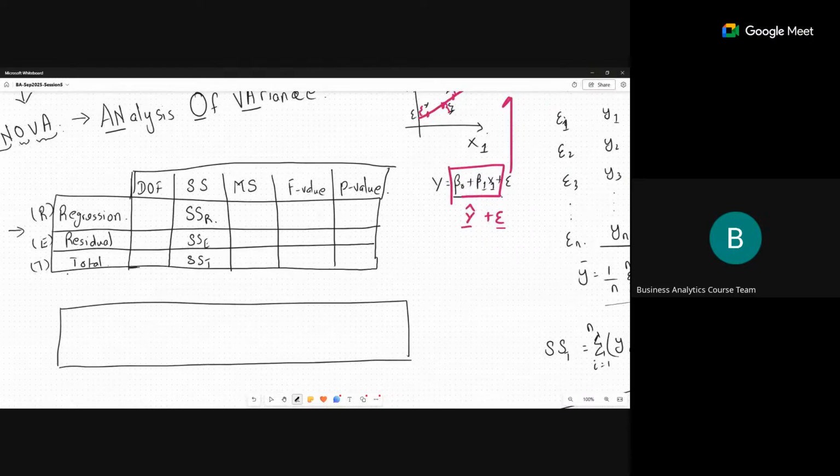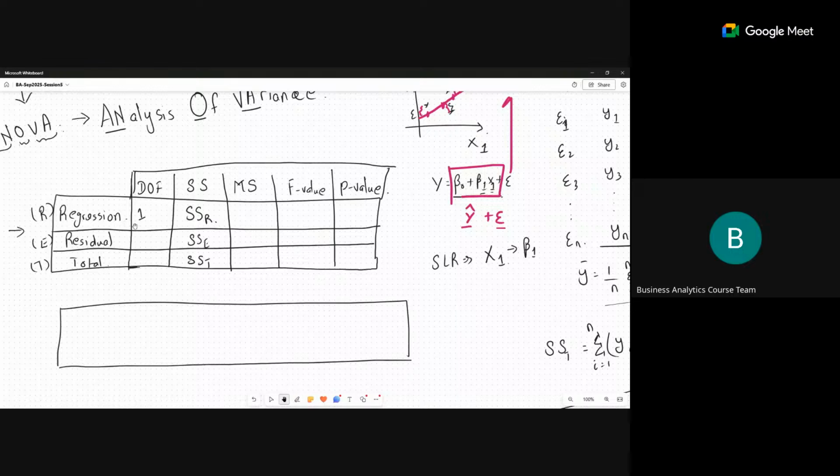So now, in this table, regression degrees of freedom refers to the number of betas associated with the independent variables. For an SLR, since you only have one independent variable x1, there is only going to be one coefficient beta 1, so the regression degrees of freedom will be 1.